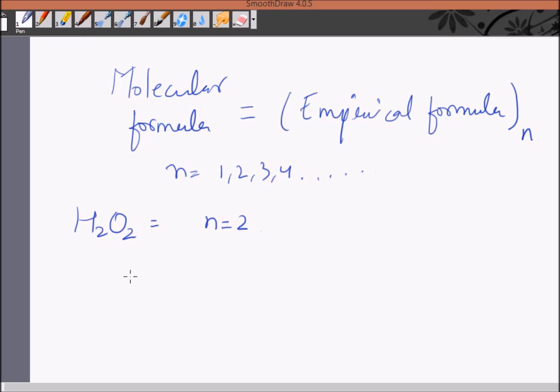But in many cases, it has been seen that the empirical formula is just equal to the molecular formula. In many special cases, it is also equal to the molecular formula.